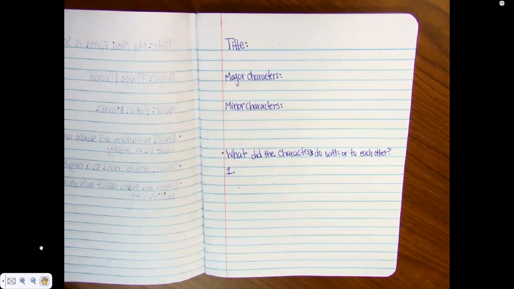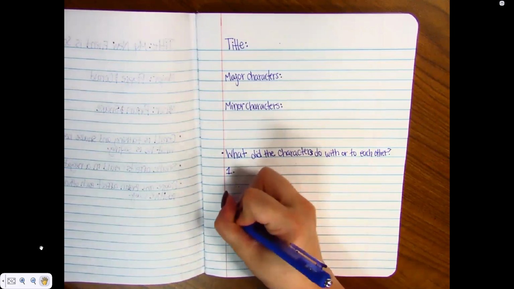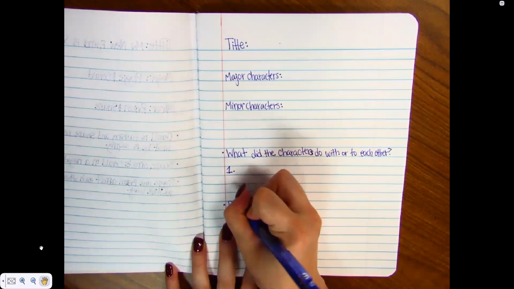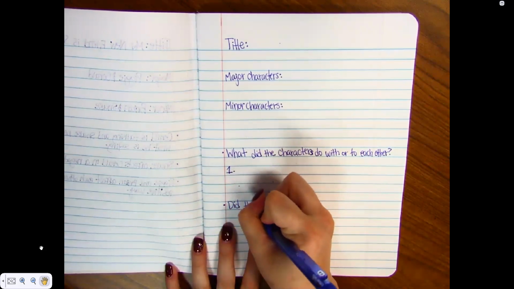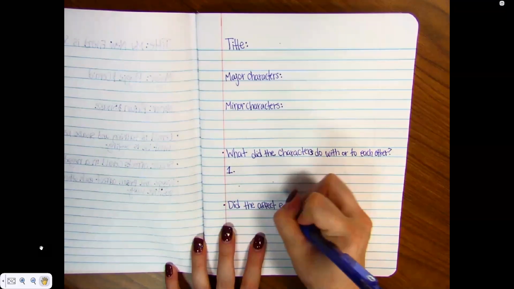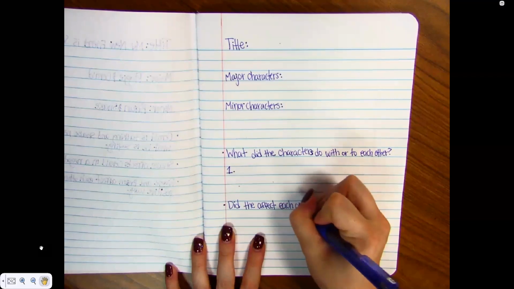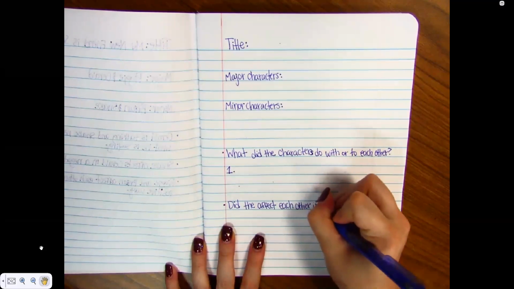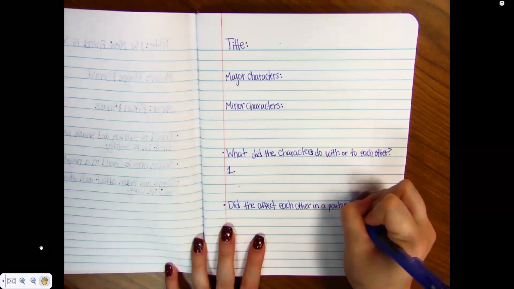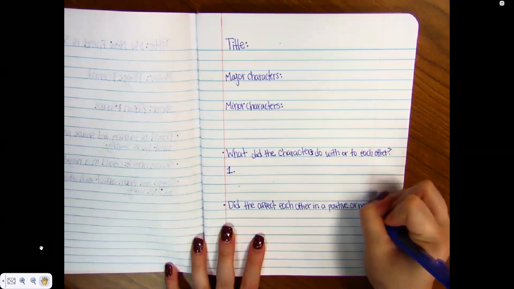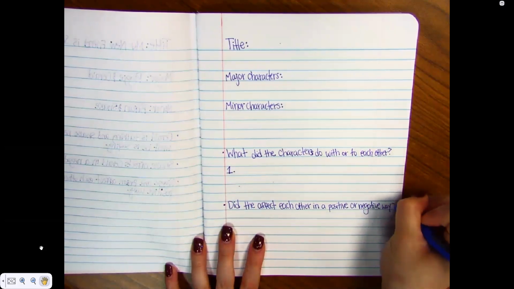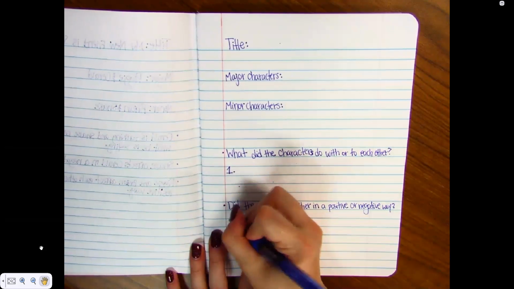Then you're going to answer the question: did they affect each other in a positive or negative way?